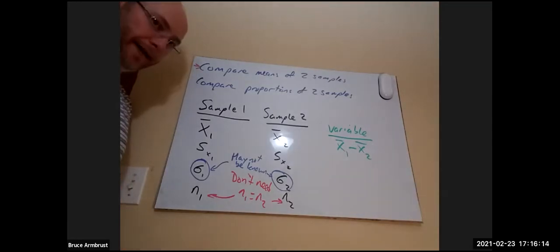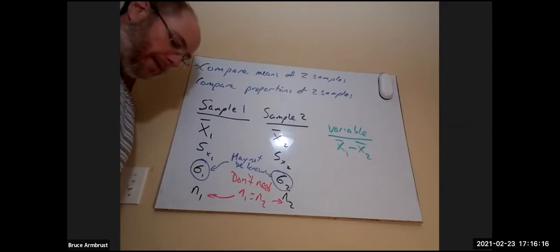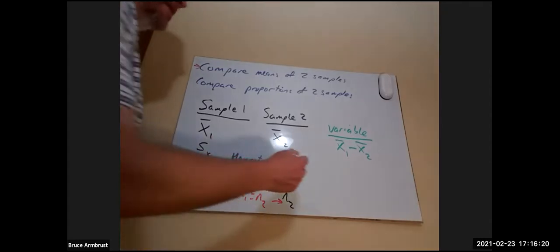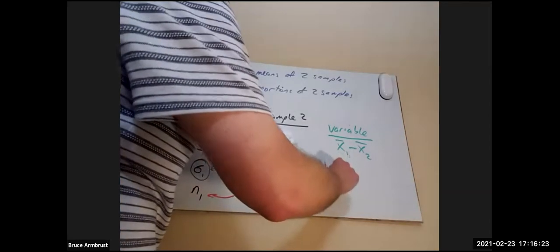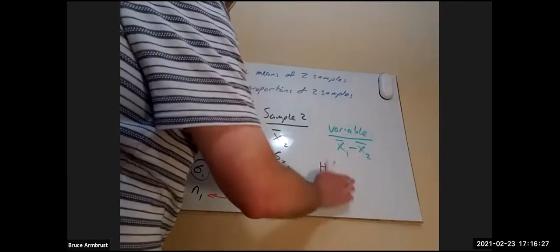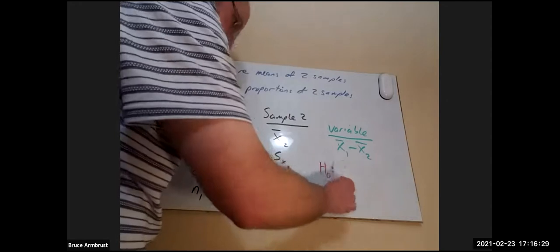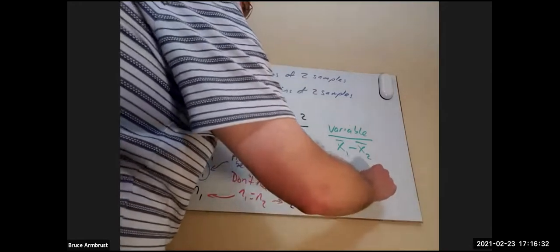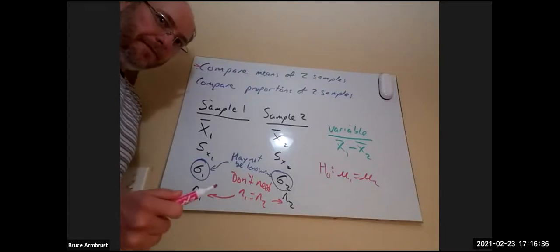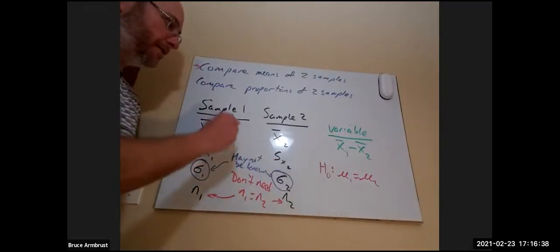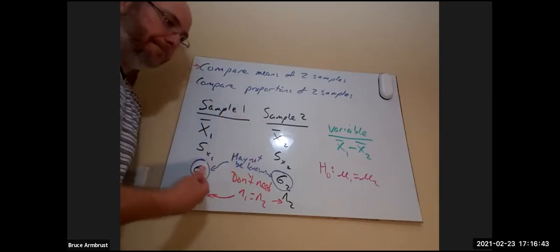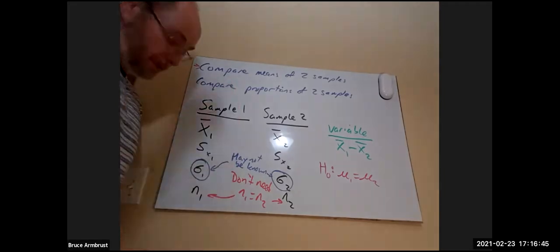And here's why. Think about what our hypothesis is going to be. The null hypothesis is going to be that mean 1 equals mean 2. Mean 1 and mean 2 are the means for populations 1 and 2, so the Tahoe students or the Carson students.